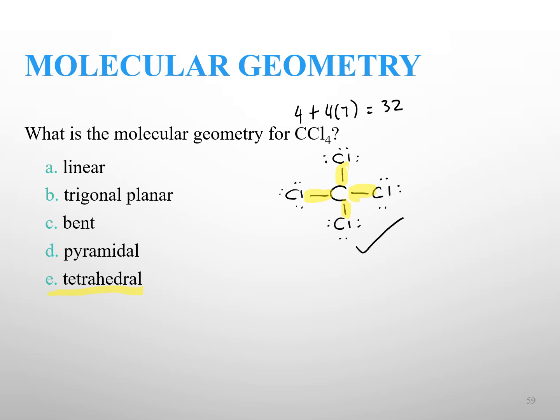If we were to draw it out in a tetrahedral form, this is how I would draw it. I would put a carbon in the middle, 1 Cl here, 1 Cl here, because the bond angle is 109.5. And then the other Cl sticks out from the paper, and the other Cl goes behind the paper, or the screen in this case. Okay? And that would be how we represent it.